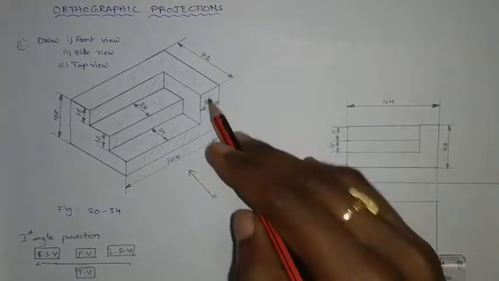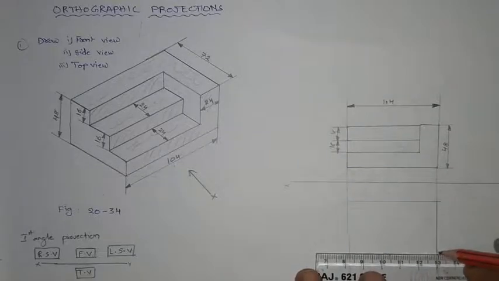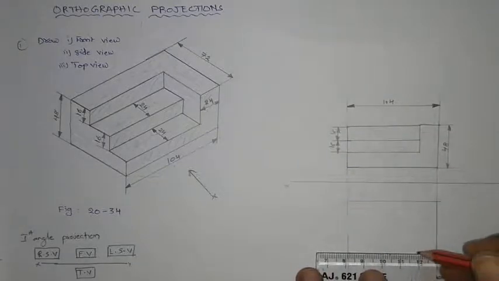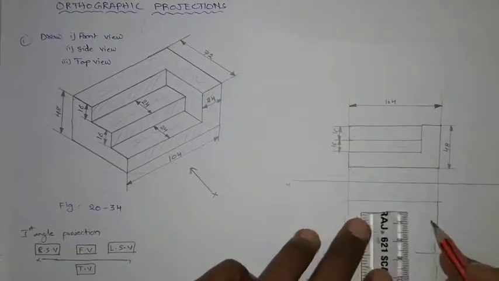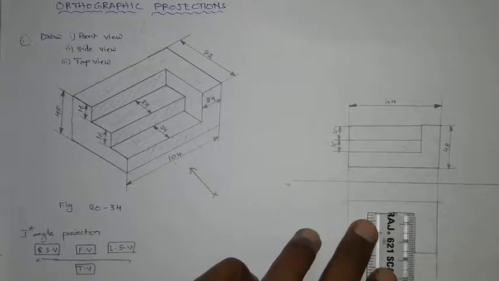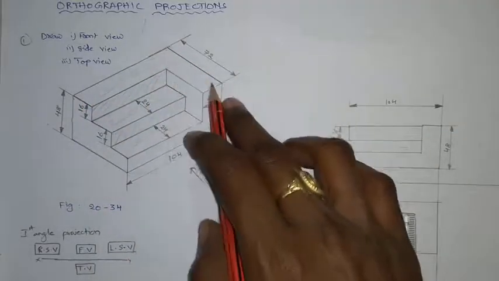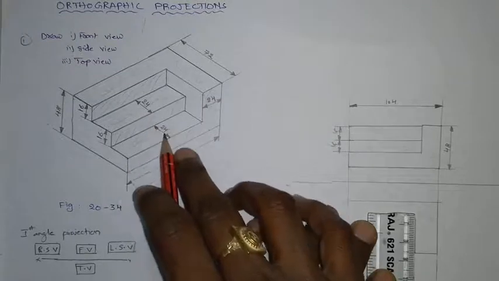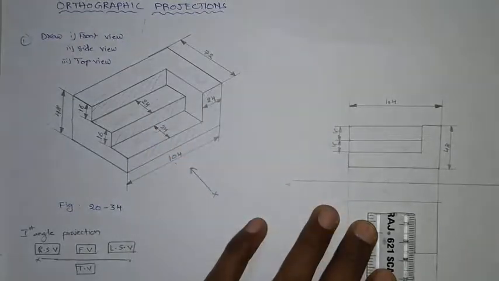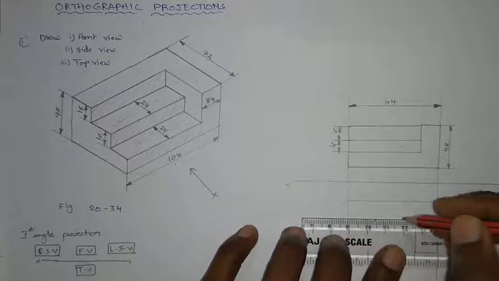And what is the step length? 24. So first I am drawing this one like this. You know this height: out of 72, 24 and 24, that is 48, is subtracted. So this distance will be 48, and I am extending this up to here.